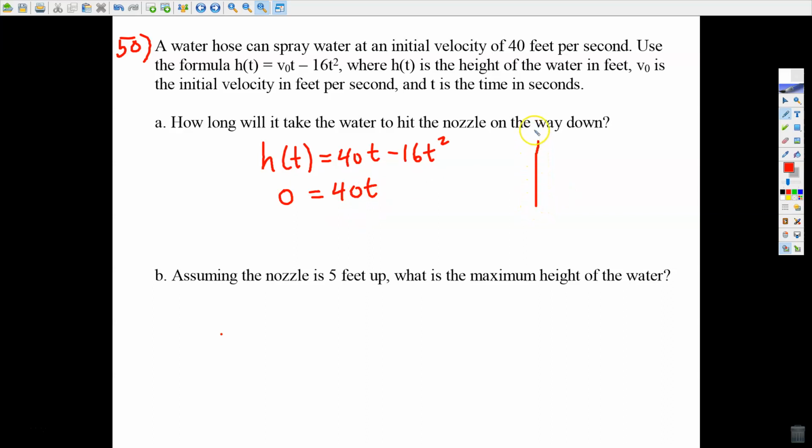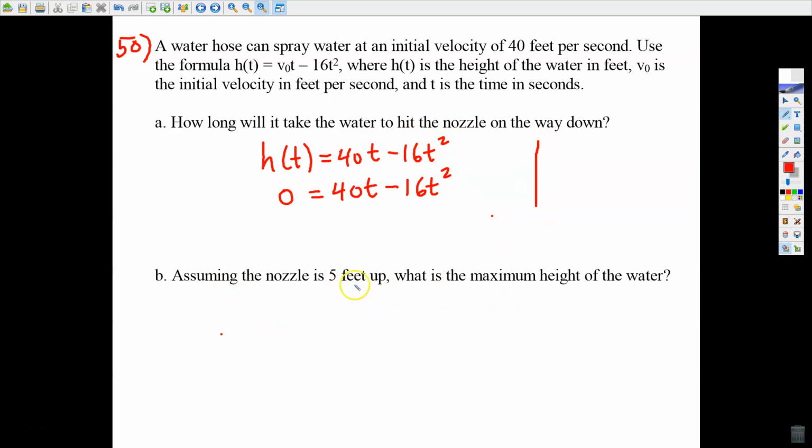But then it should take a certain amount of seconds to come back. You know, it goes up and it comes back down. So see if you can, like you did on the previous one, this one also factors. You could solve by factoring. See if you can come up with your answer on how many seconds it will take for it to come back and hit the nozzle.